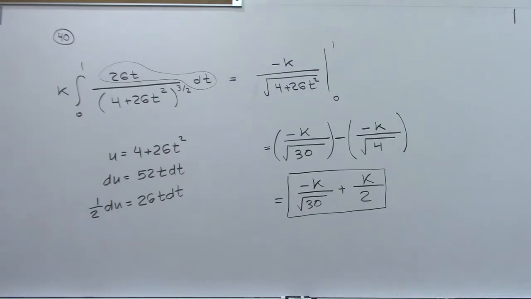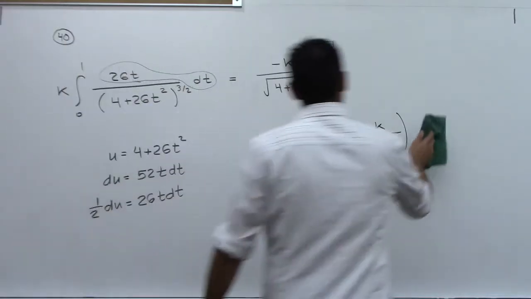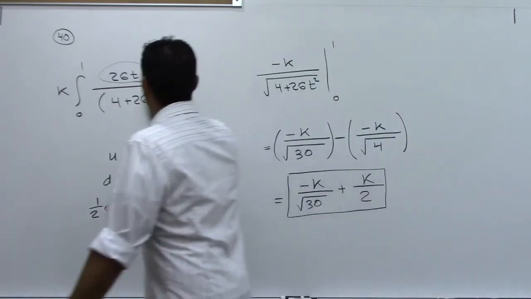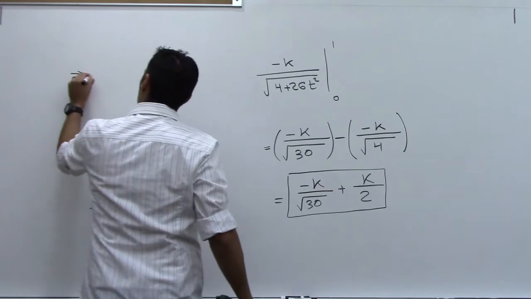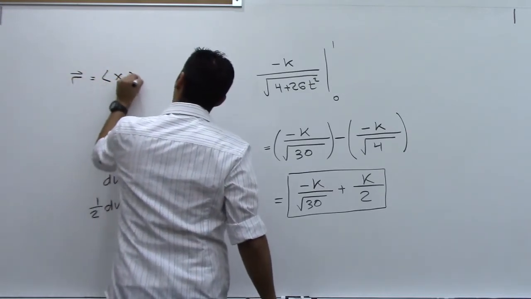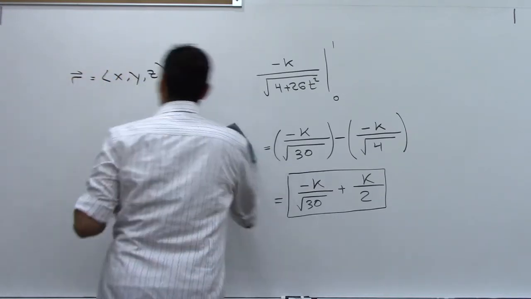One of the confusing parts of this problem is the fact that when they give you R, they say R is x, y, z, and that's somewhat confusing when you look at it.